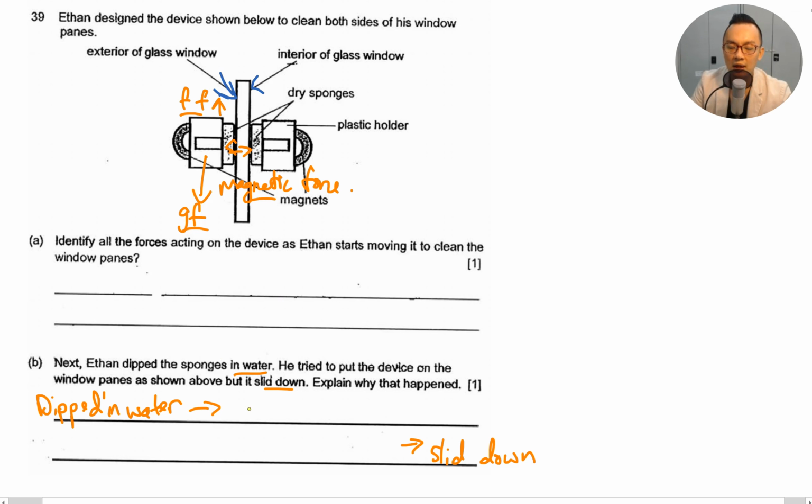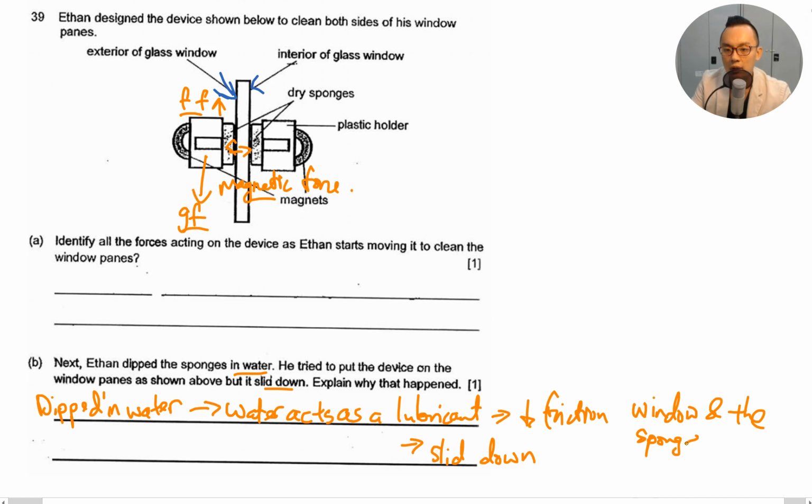Again, the very famous phrase for this chapter: water acts as a lubricant, and it will reduce friction between the window and the sponge. So always remember this: water acts as a lubricant. It will reduce the friction between the window and the sponge.